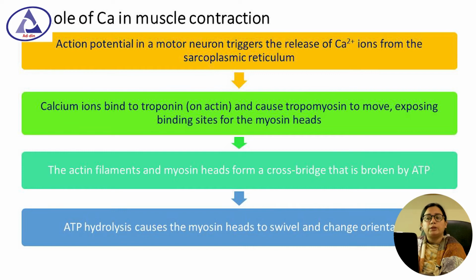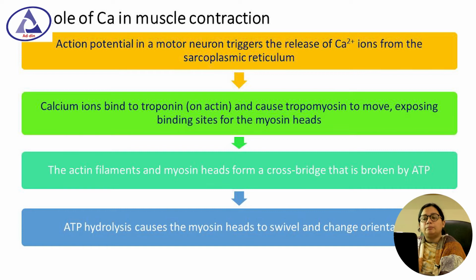At first, an action potential in the motor neuron triggers the release of calcium ions from the sarcoplasmic reticulum. Then calcium ion binds with the troponin, which is present on actin, and causes tropomyosin to move, exposing the binding sites for the myosin heads.